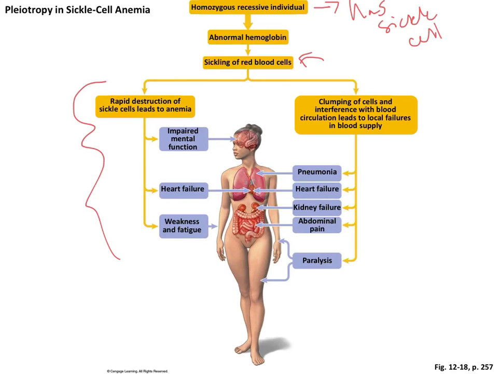You have lack of oxygen to the brain, your heart can fail, you're exhausted because your body's not getting the oxygen that it needs, you can have problems with your lungs, heart, kidneys, etc., all because this one amino acid has changed.